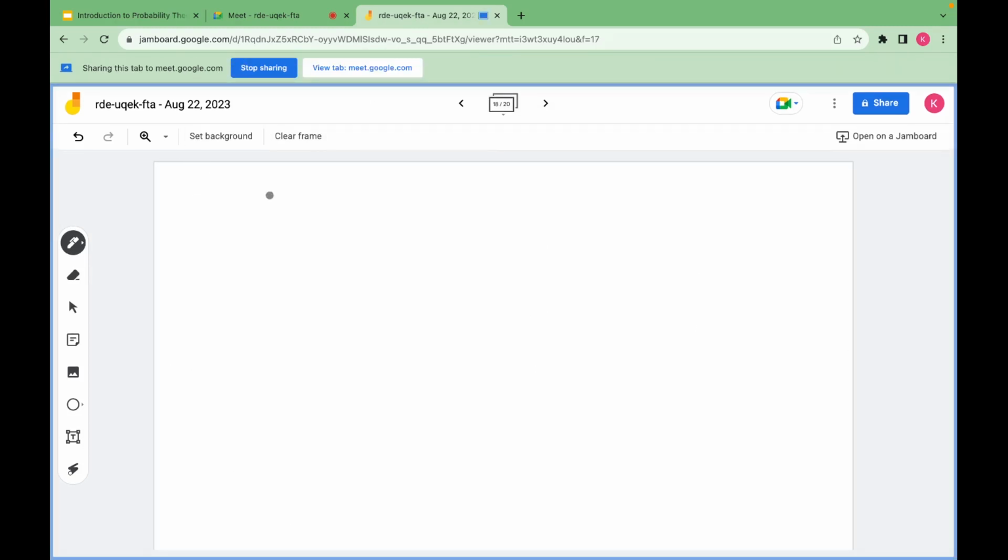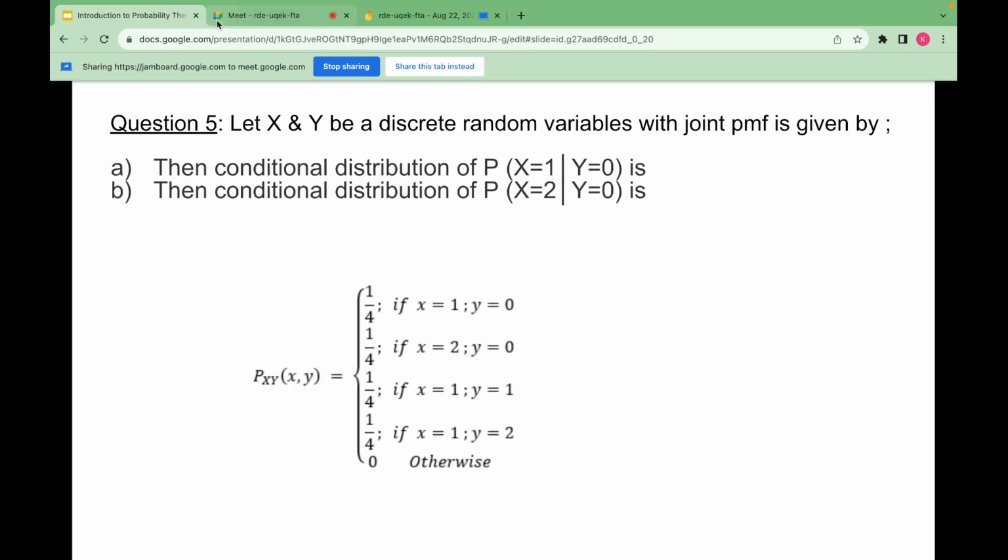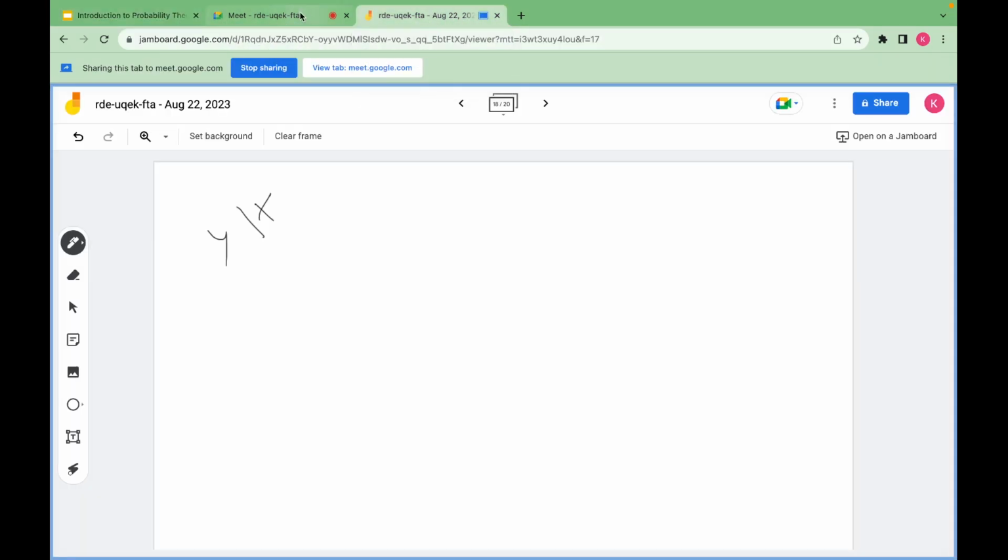So we can make a table like this. X is varying over 0, 1, 2 and y is varying over 0, 1, 2.